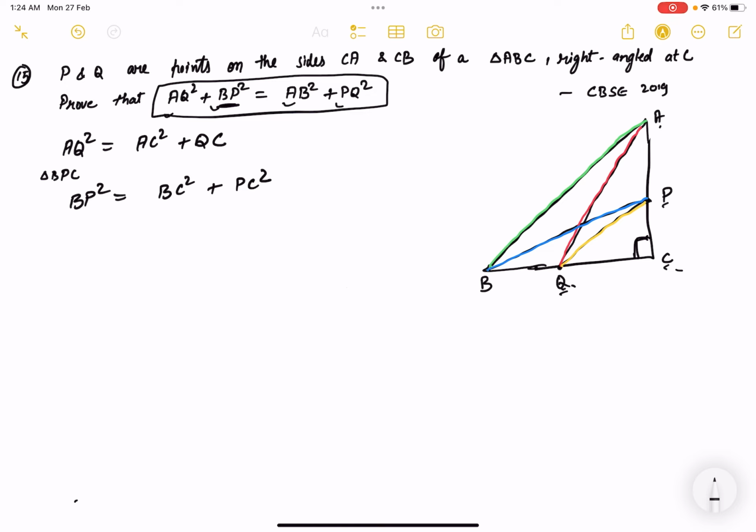Then AB square: applying Pythagoras theorem in the bigger triangle ABC, we have AB square is equal to AC square plus BC square. And PQ, the yellow line: applying Pythagoras theorem in triangle PQC, we have PQ square is equal to QC square plus PC square.